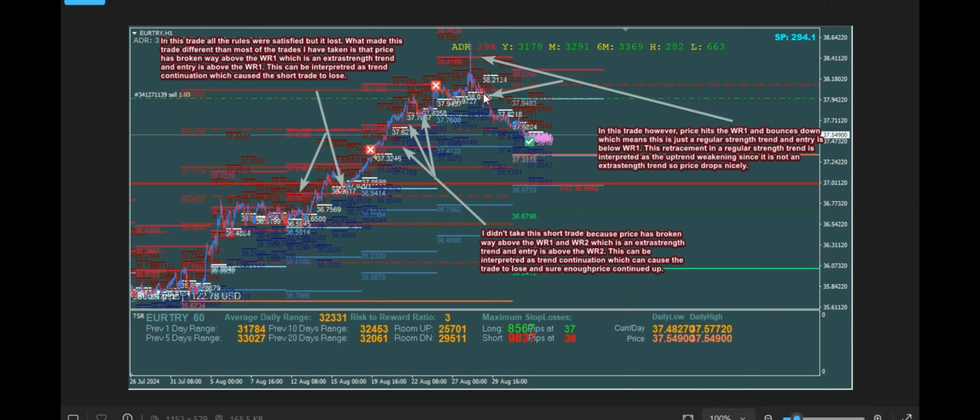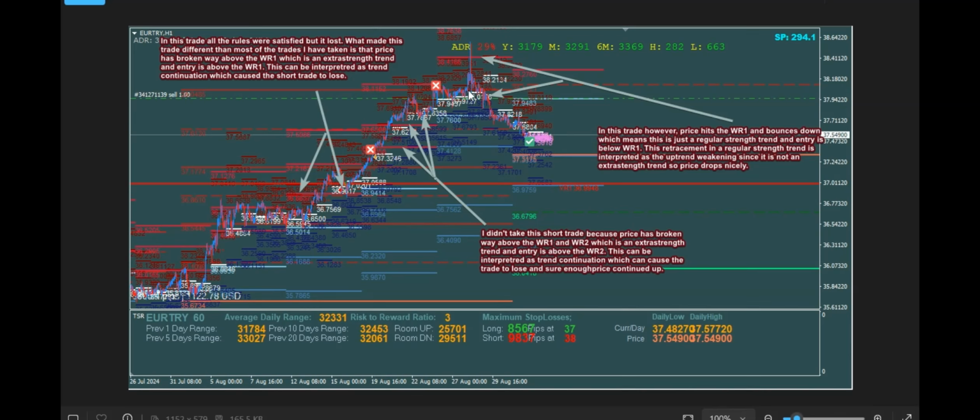So we're shorting when there's not an extra strength uptrend, but rather we're shorting when there's just a regular strength uptrend, okay? And that increases the chances of our trade being successful, okay? Mind you, this happened without the help of the yearly pivots.